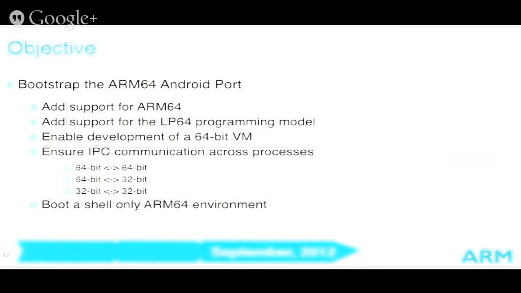So we needed to add support for ARM64 as well as the LP64 programming model, and we wanted to enable development for a 64-bit VM. Probably most of you attended Monday's talk where Stuart described what we did for porting Dalvik and further on ART. And we wanted to ensure communication between 64-bit processes as well as between 32- and 64-bit processes.